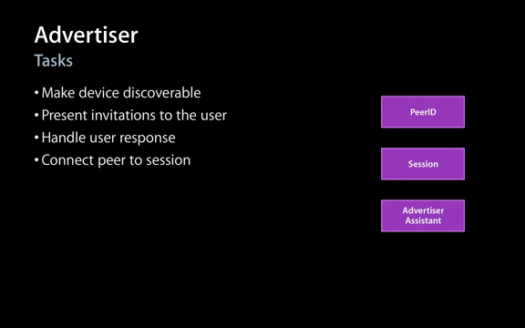If an invitation comes in, the advertiser has to display that invitation to the user. And when the user decides whether he wants to accept or decline an invitation, the advertiser has to handle that response. Also, if the response was positive, it has to hook up the nearby peer into a session. So these are the tasks of the advertiser.